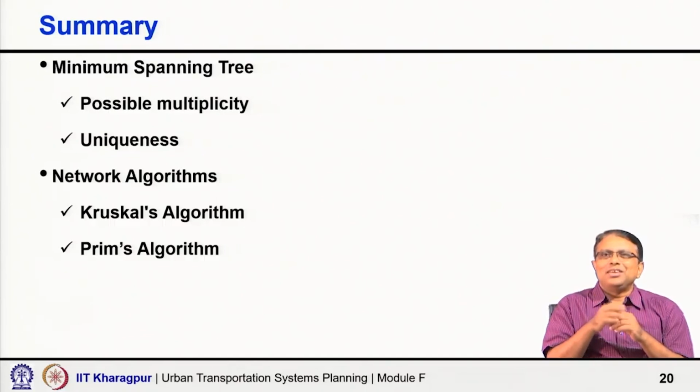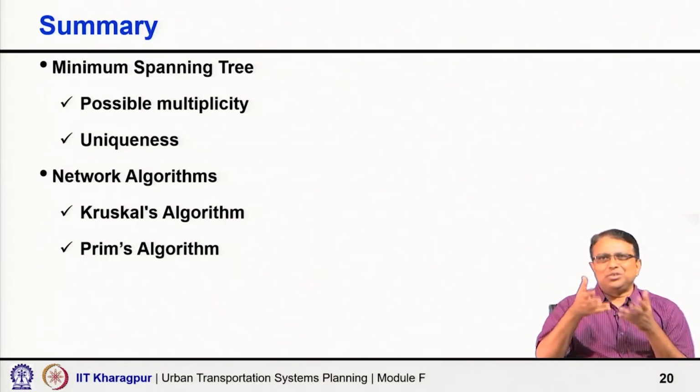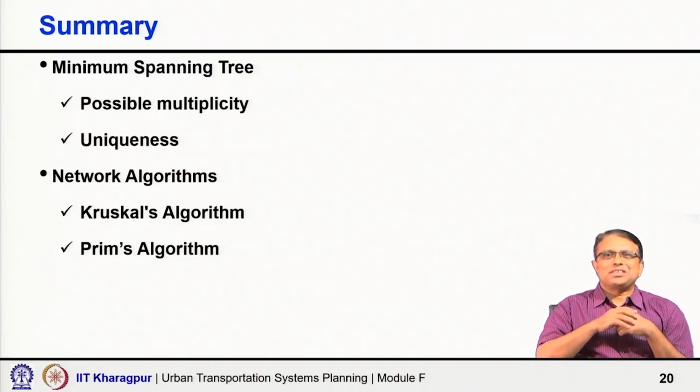That is stage 2. How to get that? I said there is the spanning tree, that is, the minimum spanning tree. Multiplicity and uniqueness were explained clearly: if I have distinct link lengths, then uniqueness will be there. If multiple links have the same cost, then it is possible to have alternative solutions with the same total cost. Then two algorithms we discussed, Kruskal's algorithm and Prim's algorithm, which you can use to get the minimum spanning tree. That is stage 2.